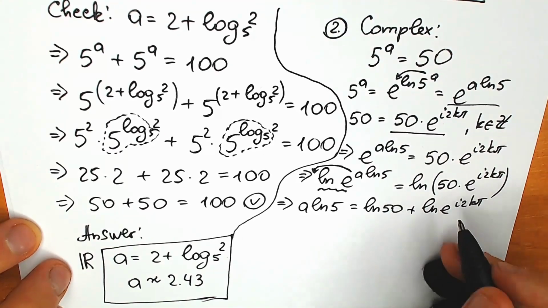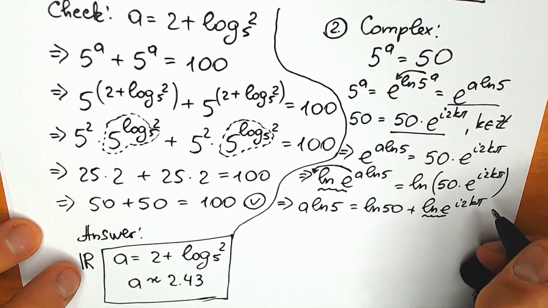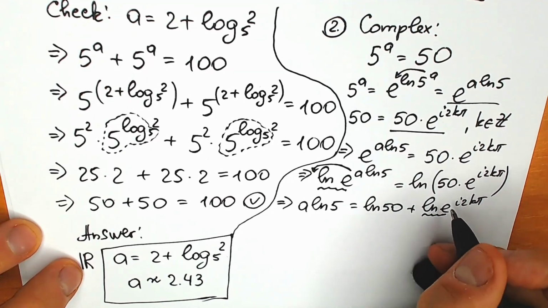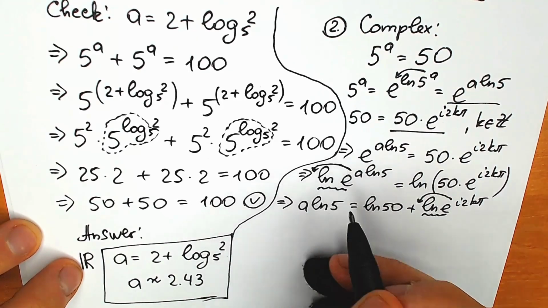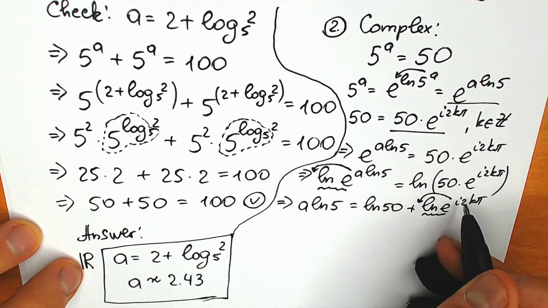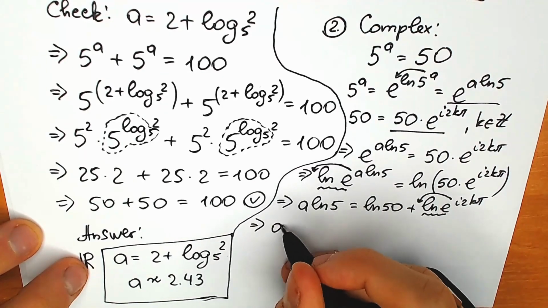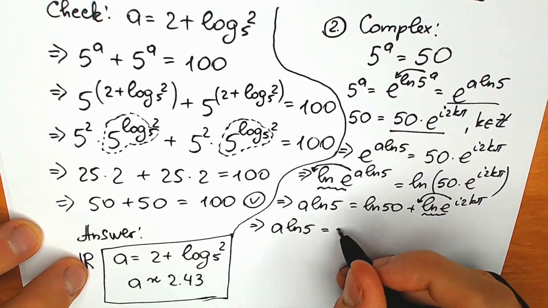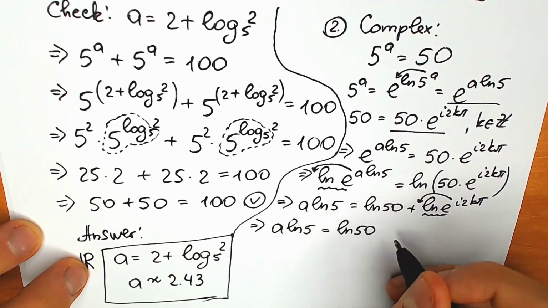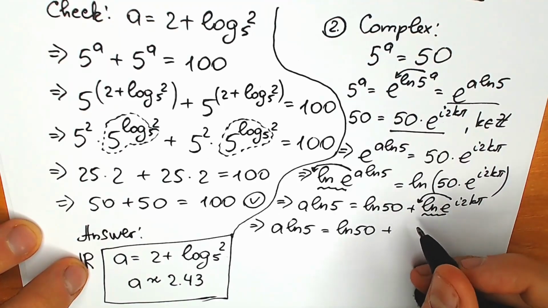And this natural log e equals 1, and this power we can write in front of it, the same property as before. So we have the same beginning, a natural log 5 equal to natural log 50 plus i 2k pi, because natural log e equals 1.